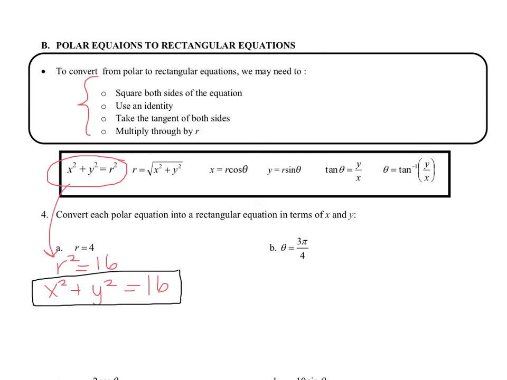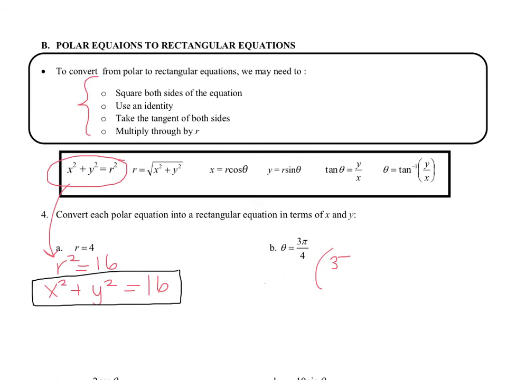Okay, let's look at B. Theta equals 3 pi over 4. Here all we have is theta, so if we want to work backward and find x and y, we're going to take the tangent of theta, not inverse tangent.